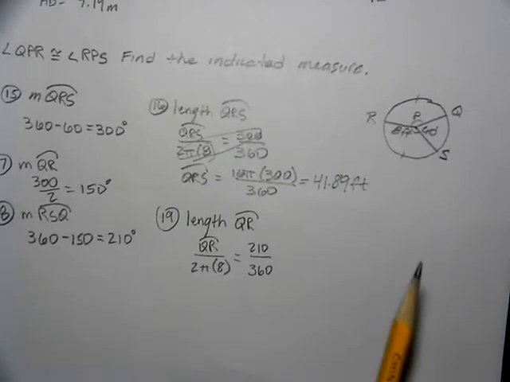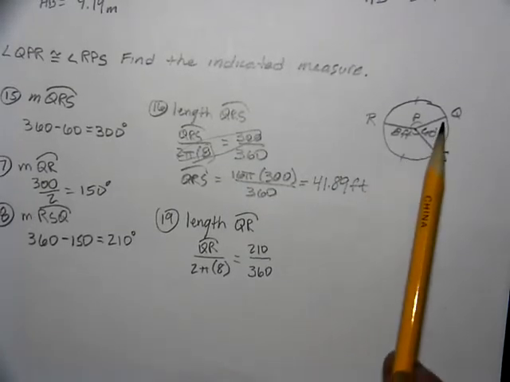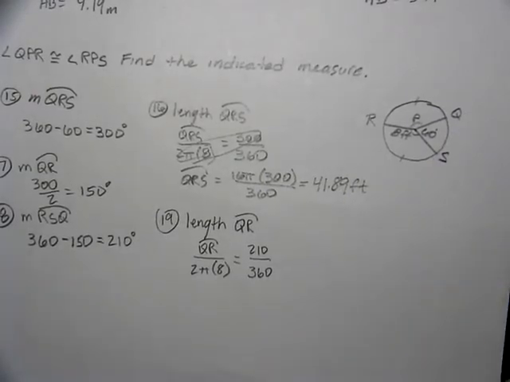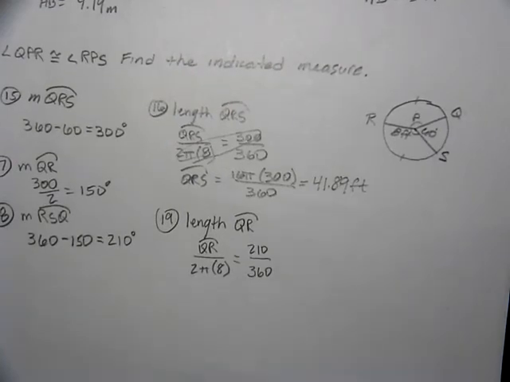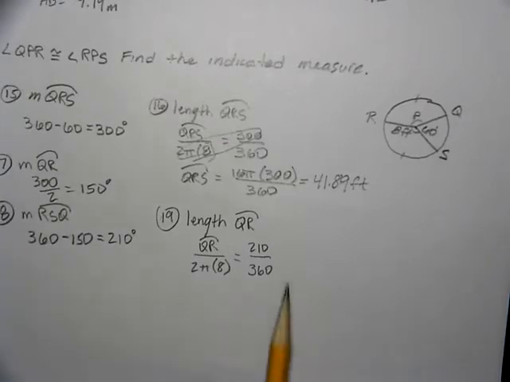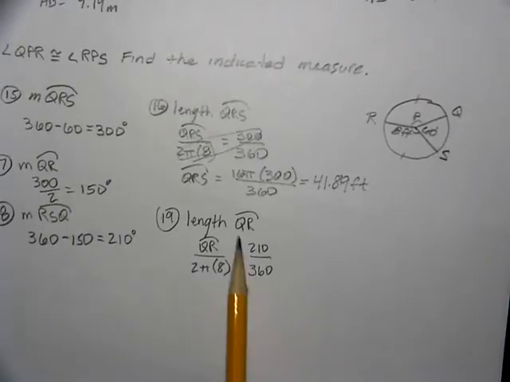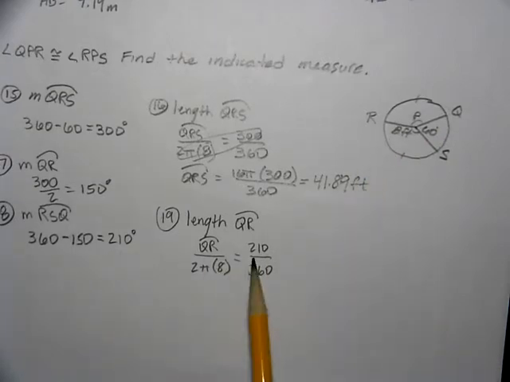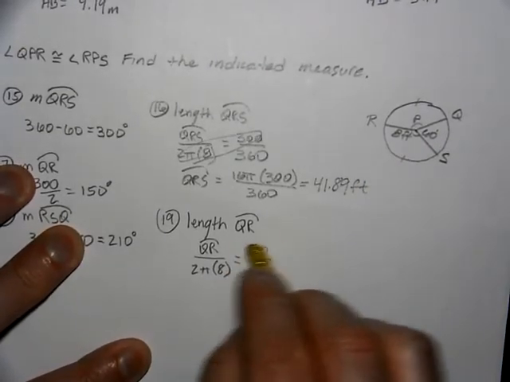So that's one way we could do it. But I think we also already figured out what QRS was. We could just divide that value by 2. That should equal the same thing. Let's see how that works out. Oh, I'm sorry, I just used 210. But we're supposed to find the length of QR. QR was just 150.